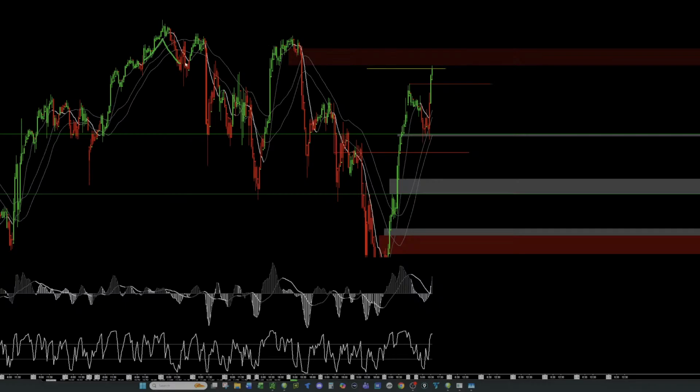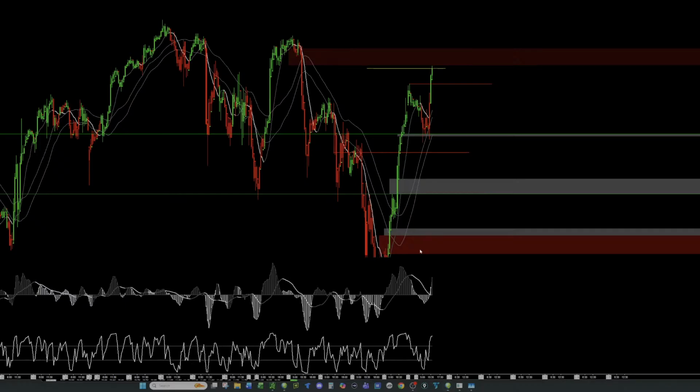There's a lot of inventory here above this area. Now the market went from oversold here to now overbought.